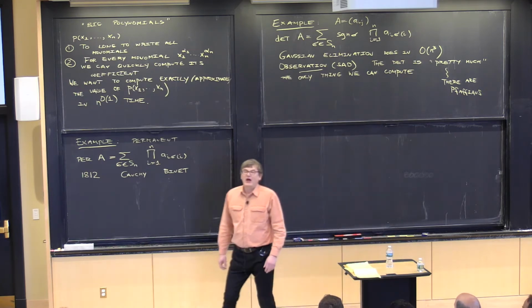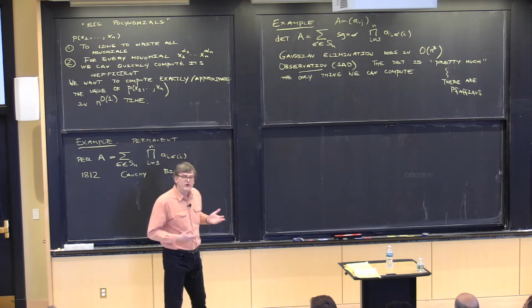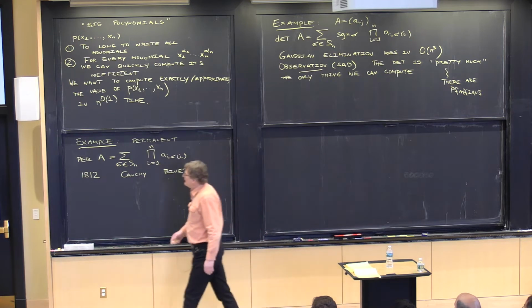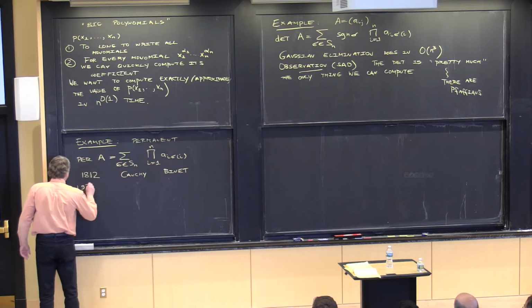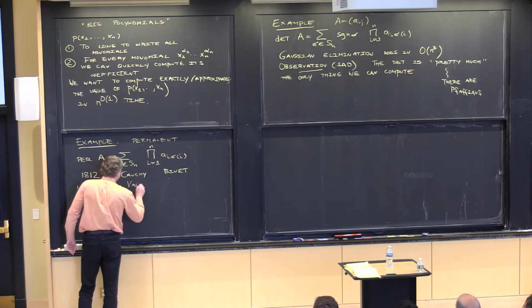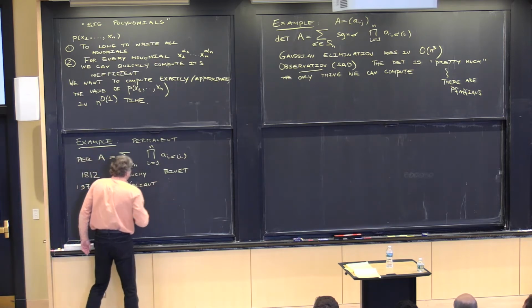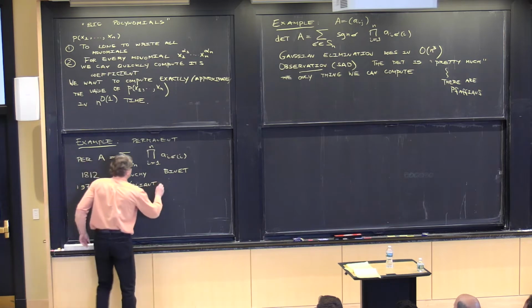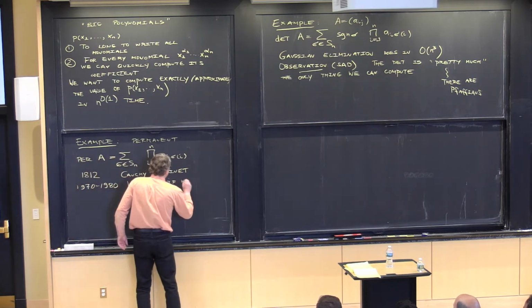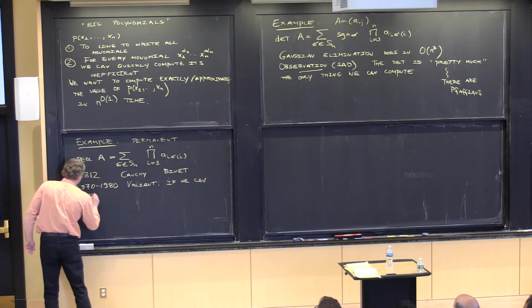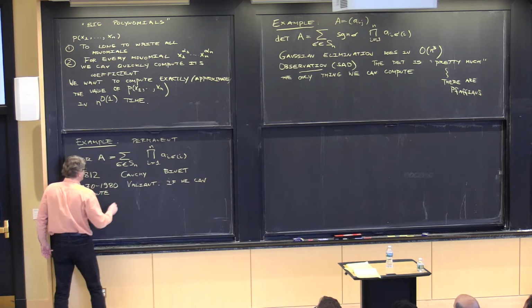So then what happened? Why do we care about the permanent? In the 1970s, 1980s, Valiant explained that if we can compute the permanent, we can compute almost everything. So it's a universal problem.